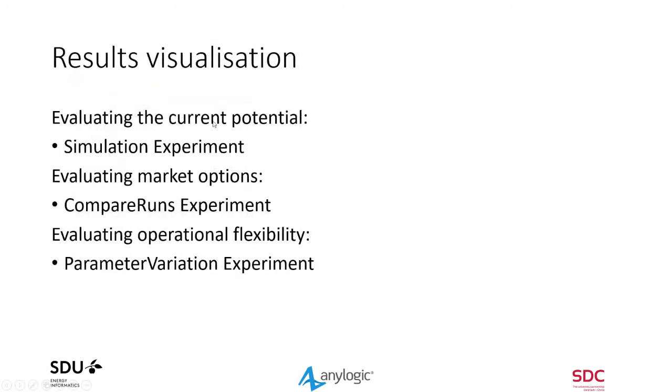And then once you have done that, I'll go over 3 different sets of experiments I've done just to illustrate how this can be used by the consumer. So I'll go over a simple simulation experiment first, just showing the current potential. Then I'll do a CompareRuns experiment to evaluate different market options, and then finally a parameter variation to do a sensitivity study on one of the parameters.